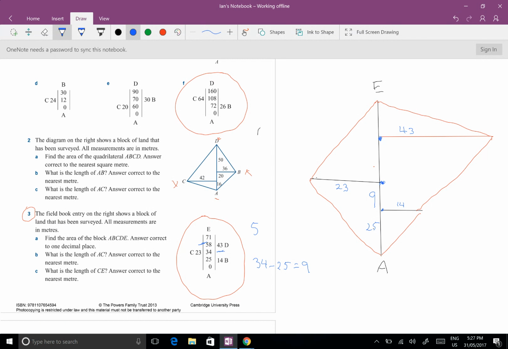So 58 minus 34 is 24. And the last one here goes from 58 to 71. So 71 minus 58 gives me 13.